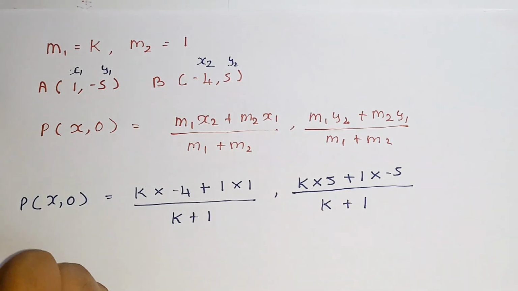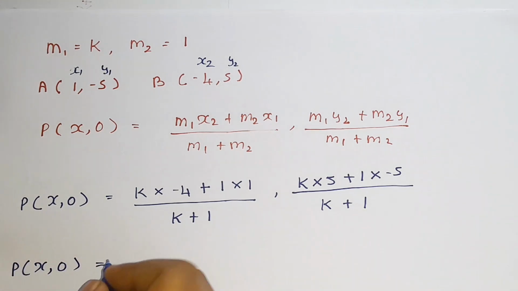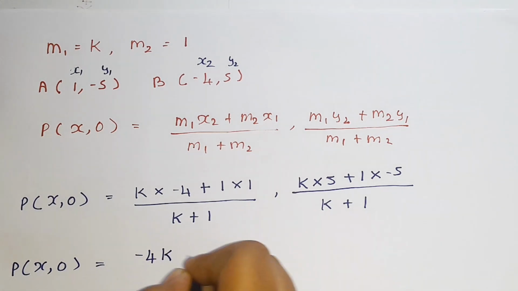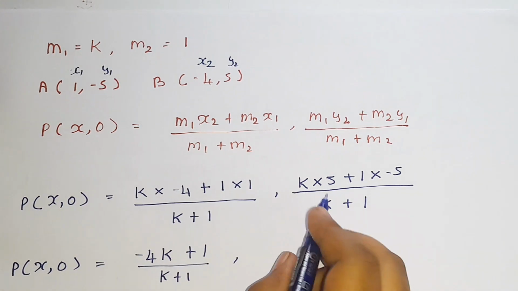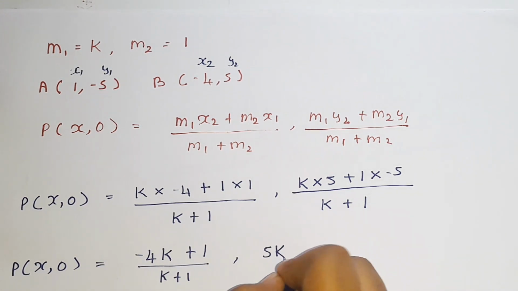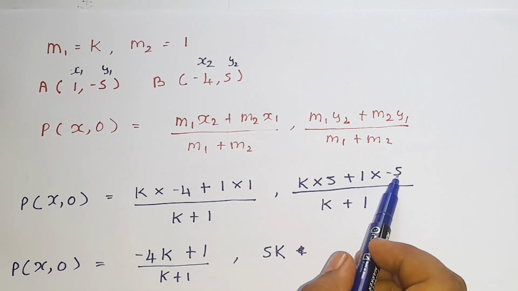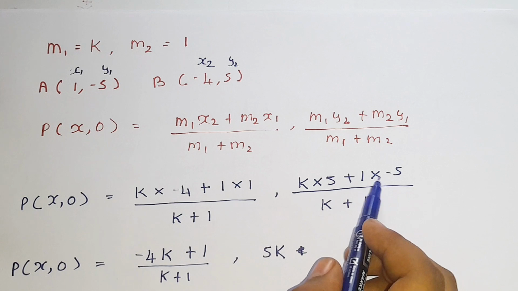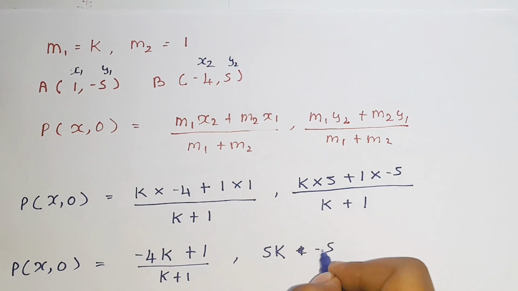Now let us multiply them. P (x, 0) is equal to k into -4 is -4k, plus 1 into 1 is 1, divided by k plus 1, comma, k into 5 is 5k, and 1 into -5 is -5, so plus and minus is minus 5, divided by k plus 1.